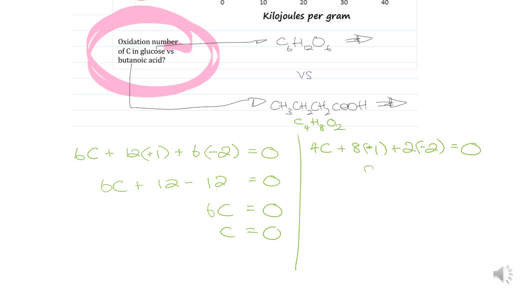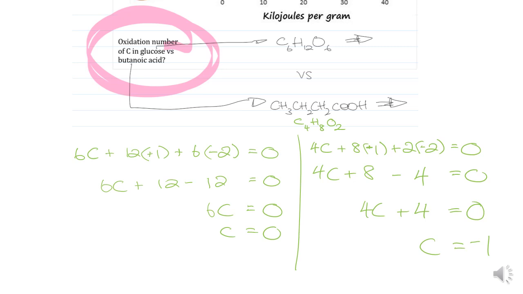So this is 8, this is 4. I have done that right, yeah. So this is 4C plus 4 equals 0. So C is equal to negative 1.